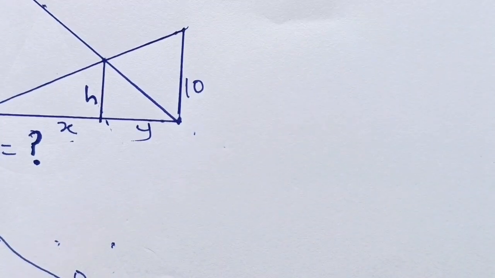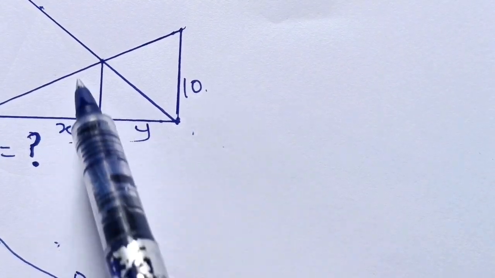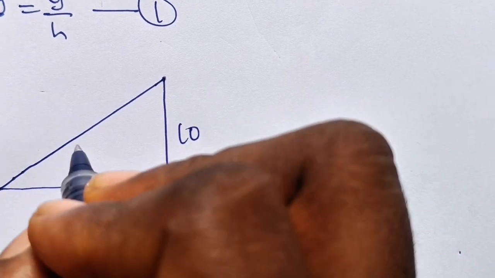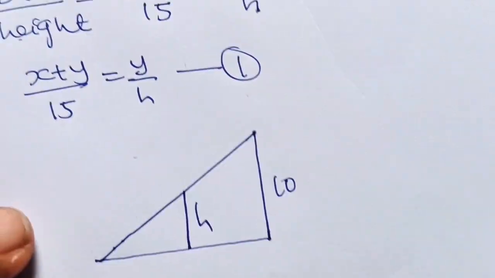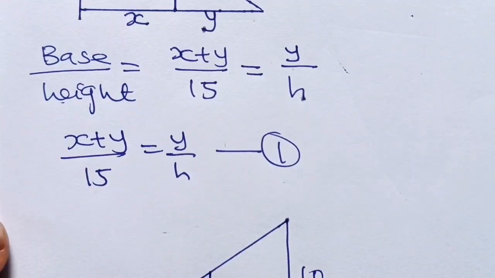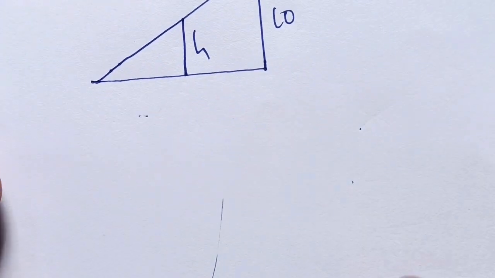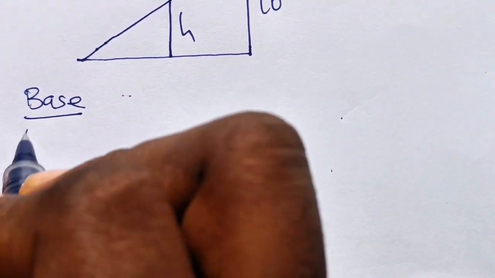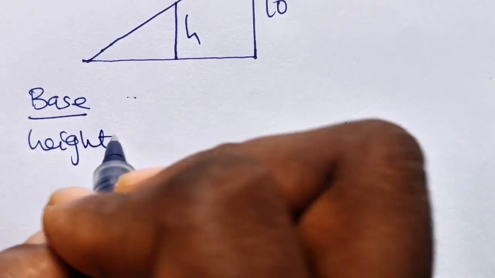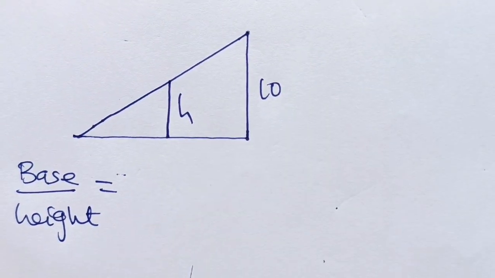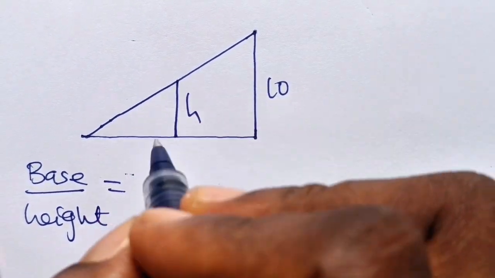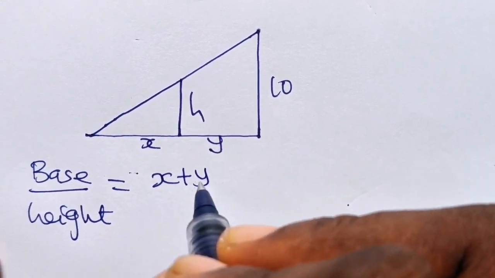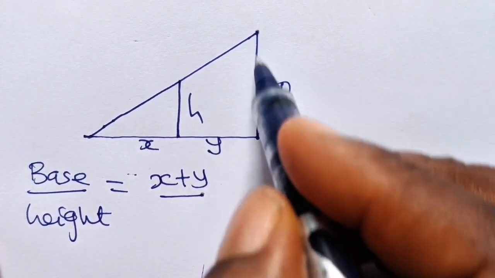The height this time around is 10 and we have this as our hash. So if we also form an equation using base over height, for the big triangle, remember that this is X and this is Y, the base is X plus Y over the height, which is 10.